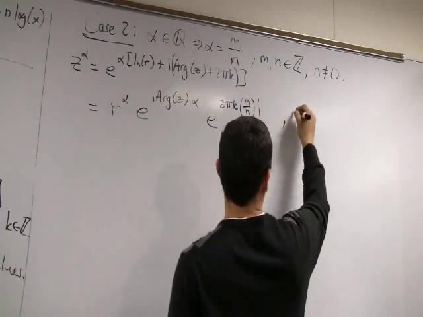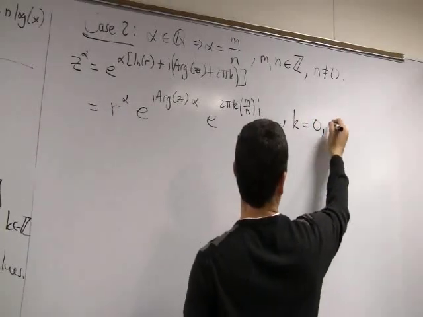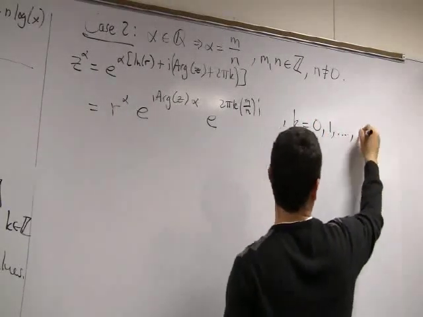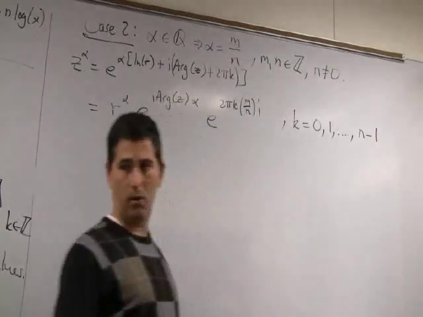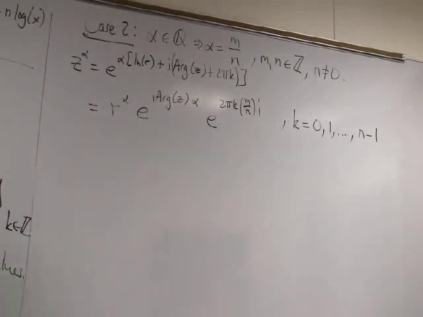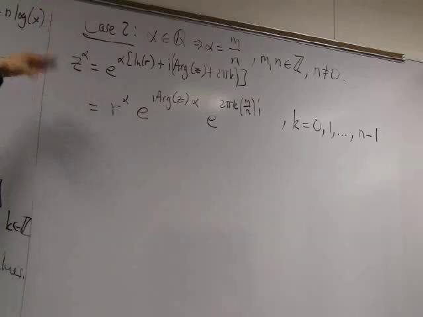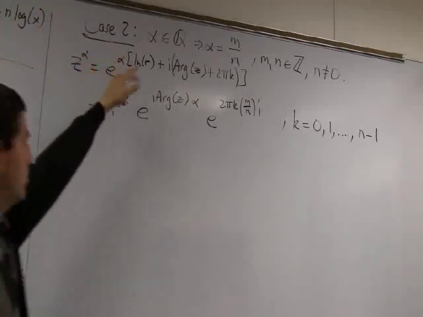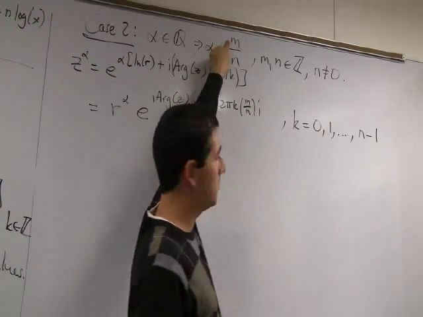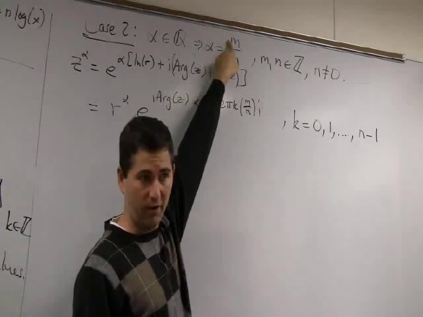So just like when you're looking for nth roots, the only values that give you something different are when k runs between 0 and n minus 1. As soon as it gets to n, you cycle back to the same value again. So this is what's happening in the rational case. This m doesn't really matter as far as how many roots.